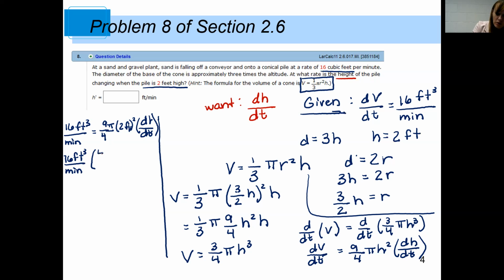So I will have 16 feet cubed over 9 times 4, which is going to give me 36 feet squared pi, equals dh dt.